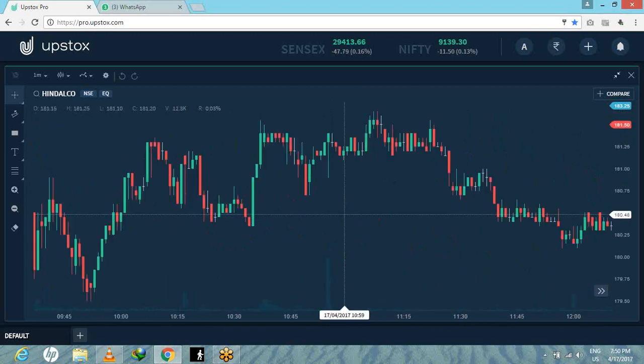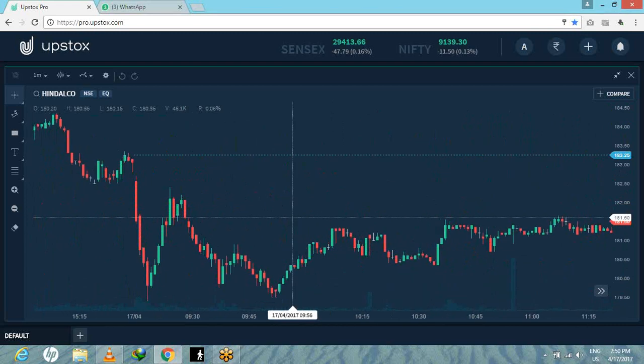Okay, let me show you morning star. If you are going for morning star or evening star, there is one thing you should get clear. This pattern should have three candles.